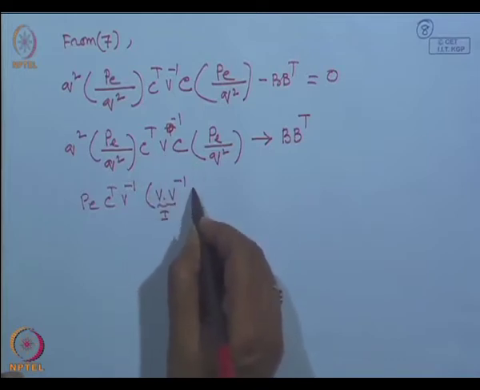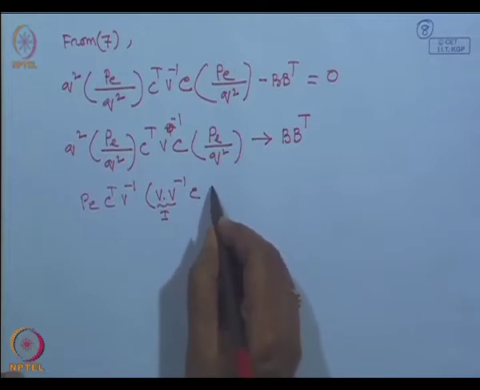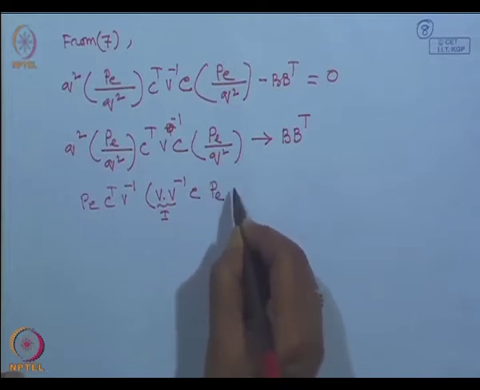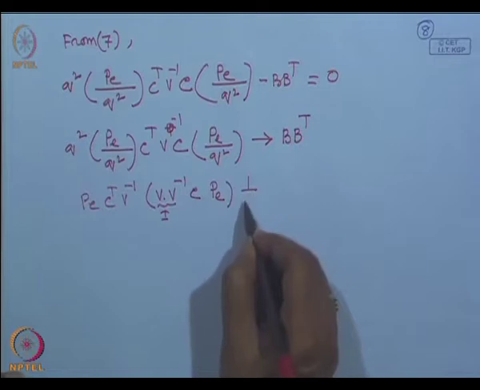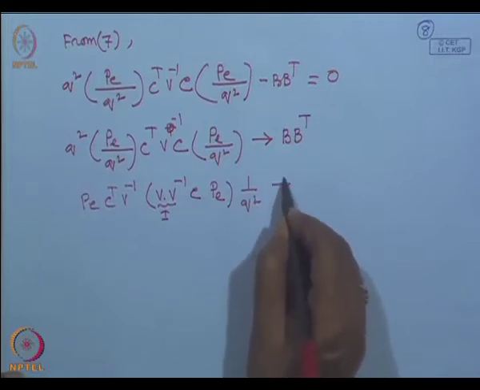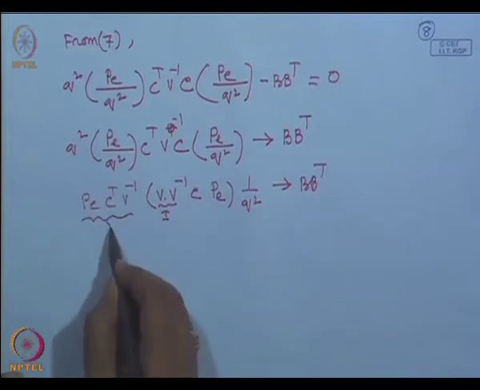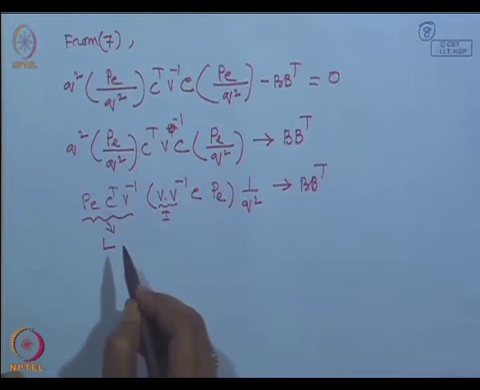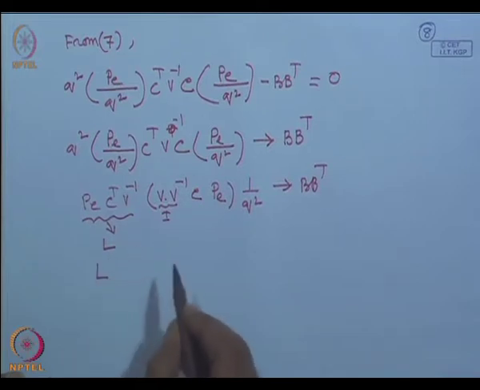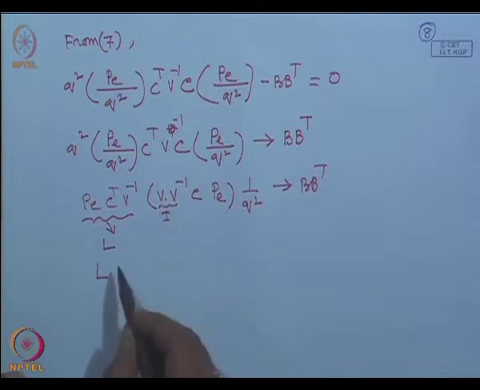Then C P e into 1 by q square tends to B transpose. This cancels, then I am writing this. If you see, this is nothing but the Kalman gain L. So this will be L, and V is there.